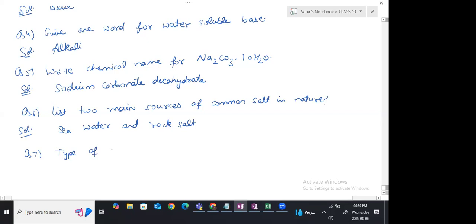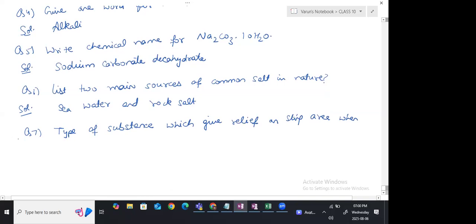Which type of substance gives relief on a sting area when applied on it?